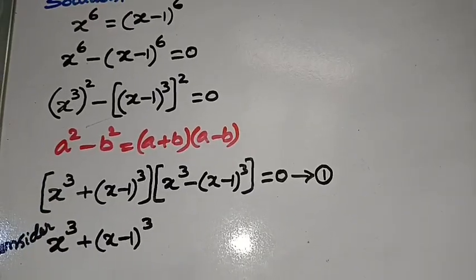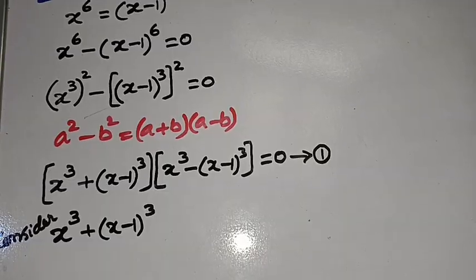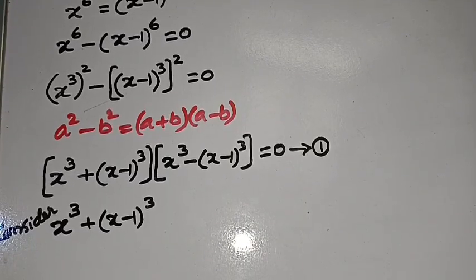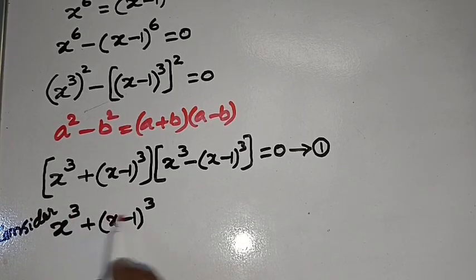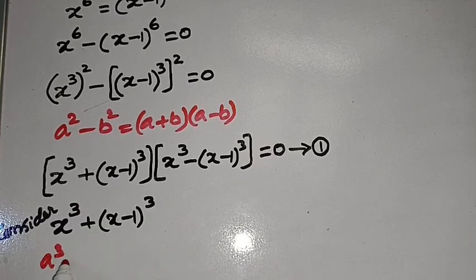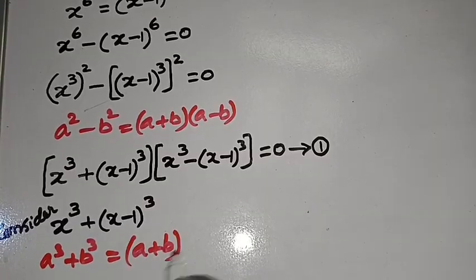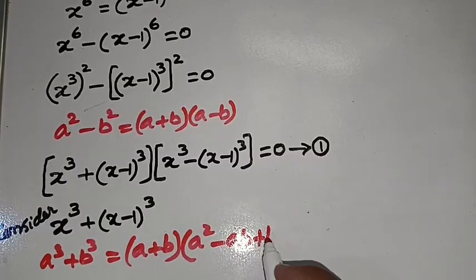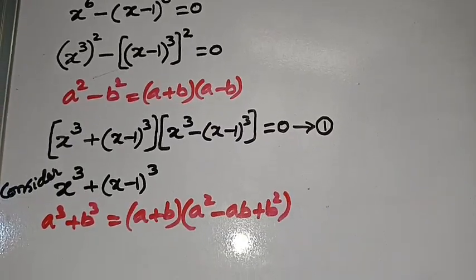Consider x cube plus (x minus 1) whole cube. If I let x is equal to a and x minus 1 is equal to b, then it comes in the form a cubed plus b cubed, and the expansion of a cubed plus b cubed is (a plus b) into (a square minus ab plus b square).